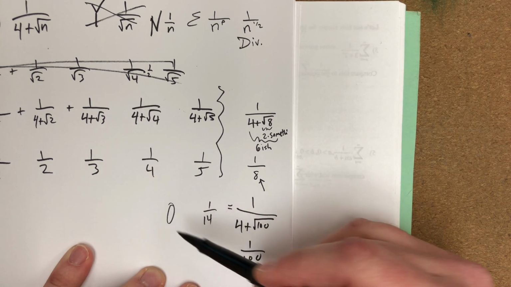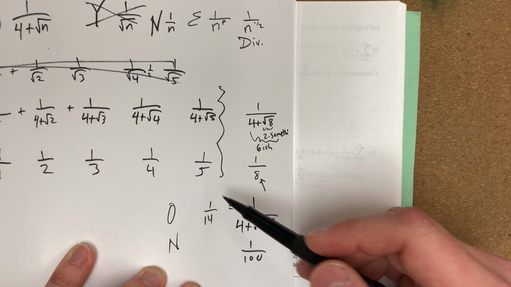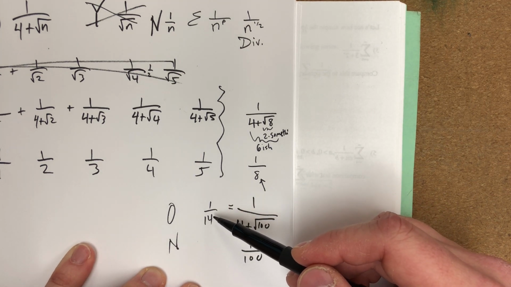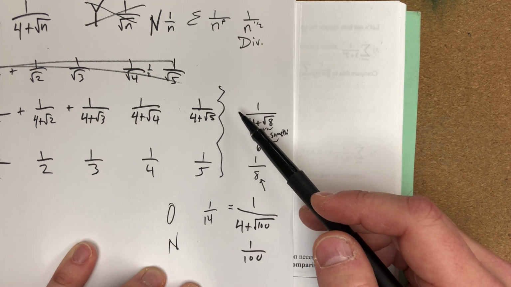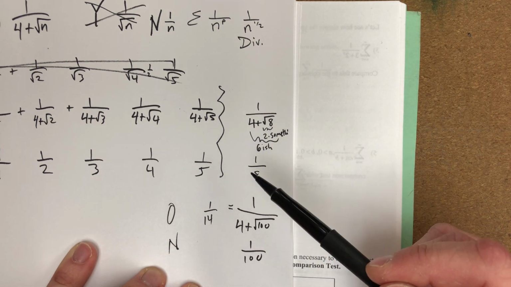Because this was our series O and this is our series N. Well, 1 over 14 is bigger than 1 over 100. So O eventually becomes bigger and it stays bigger forever.